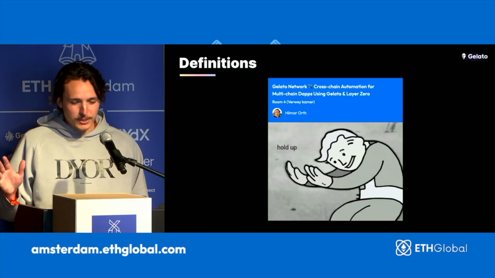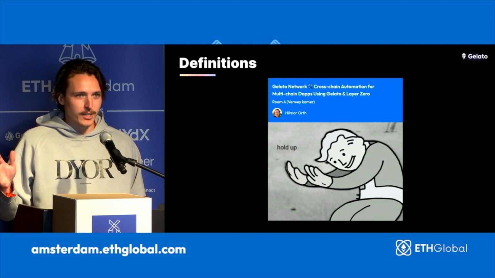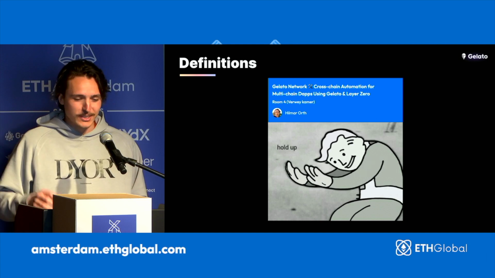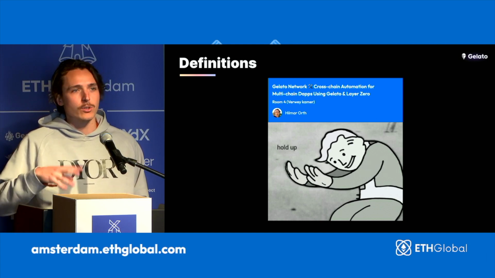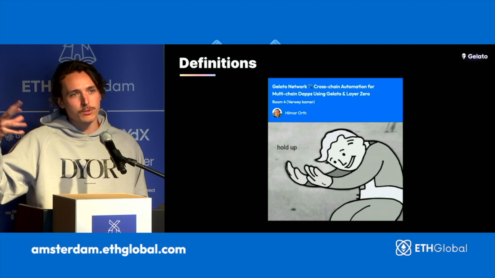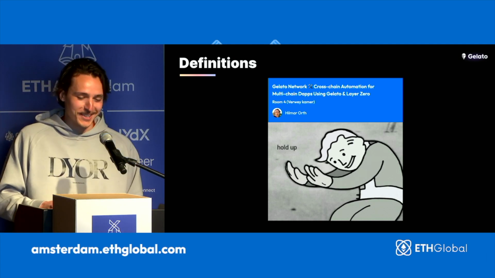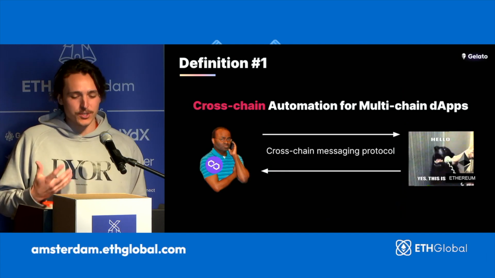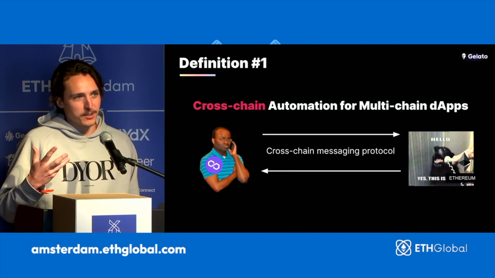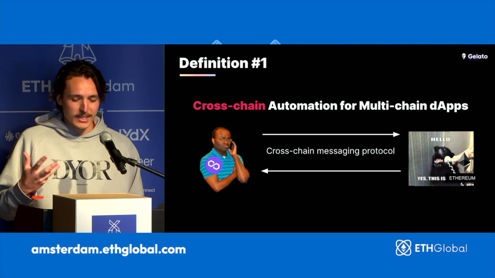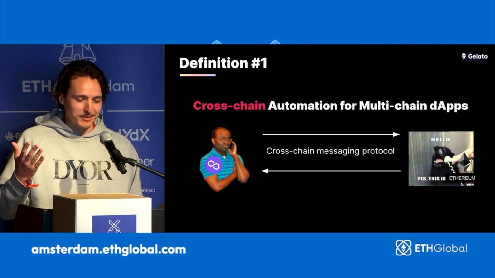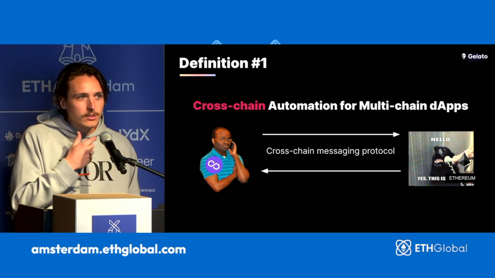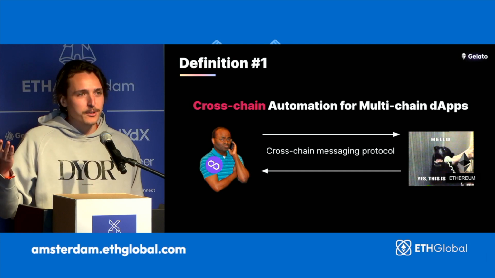The title is a bit of a mouthful, as I said: cross-chain automation, multi-chain. We are unpacking it slowly and going into certain details so you understand what's going on. First, the cross-chain part: what is it about? Here you have two different layer 1 networks, Polygon on one side and Ethereum on the other.